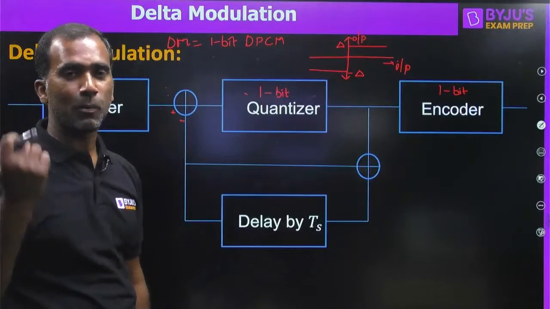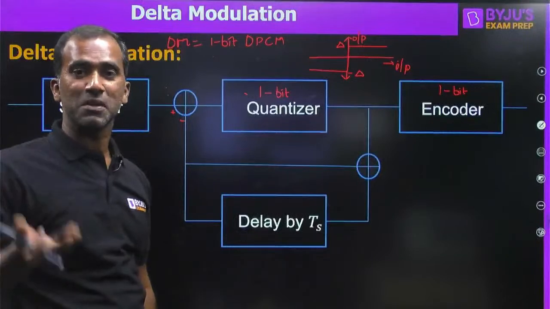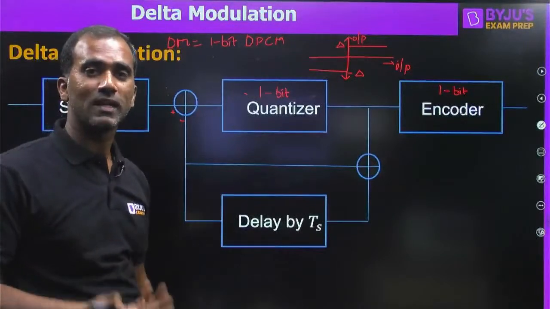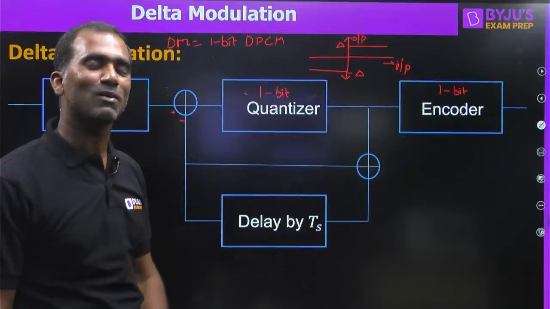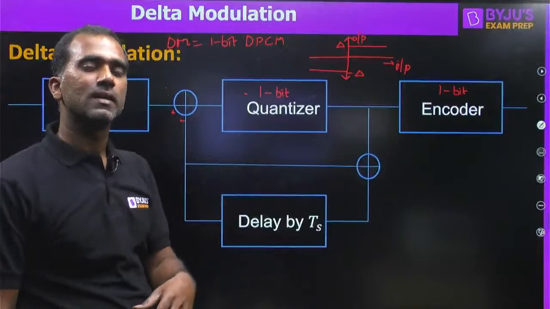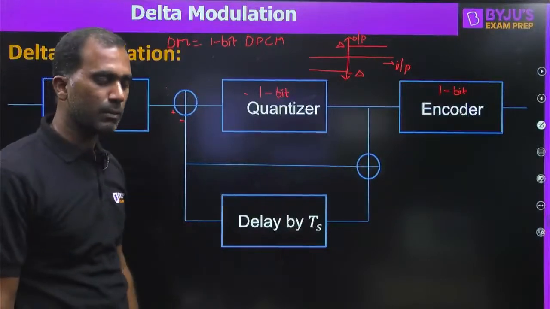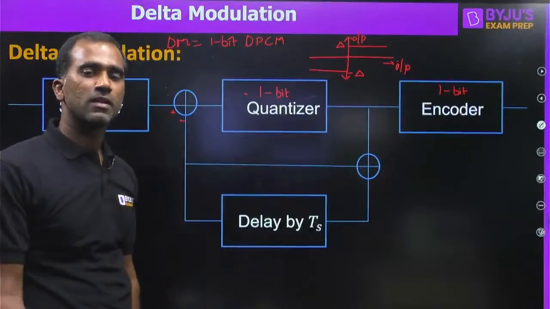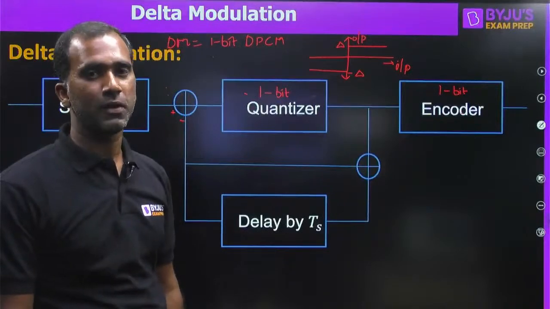One more point I want to stress here. We are always calling it modulation, right? Differential pulse code modulation, delta modulation. Are these modulation techniques? No, they are not. Somehow they have named them with the word modulation. Modulation generically means change. If you change something, we call it modulation. But in a communication system, modulation means shifting the signal's frequency from low frequency to high frequency.